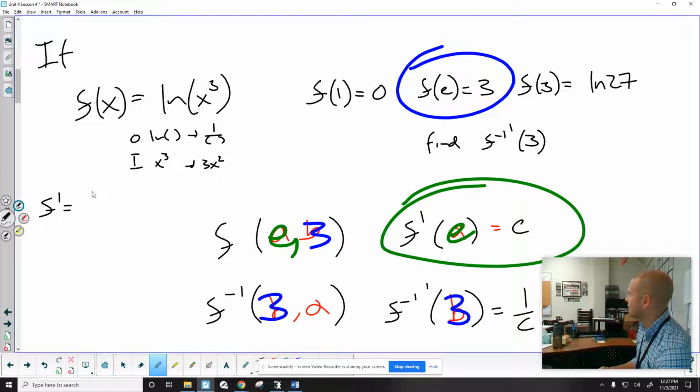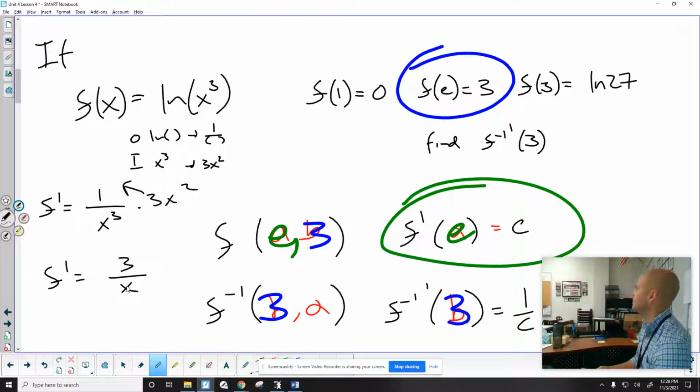Exactly right. So the derivative of log x cubed is 1 over parentheses, what starts in the parentheses stays in the parentheses, times 3x squared. I would like you to simplify that to be 3 over x. The 3x squared goes to the top, x squared cancels, leaving us with 1 x in the bottom.